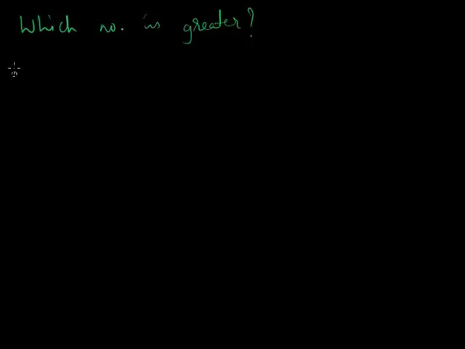So we have two numbers A and B. First and foremost, you need to take input. You need to ask for two numbers. So you take input A and B.